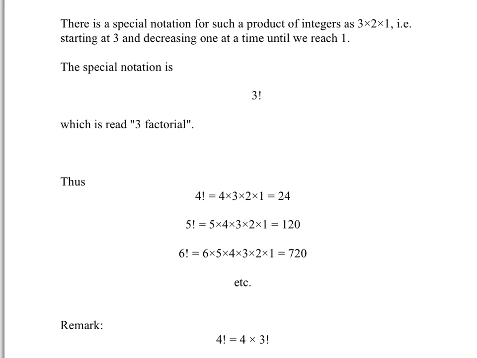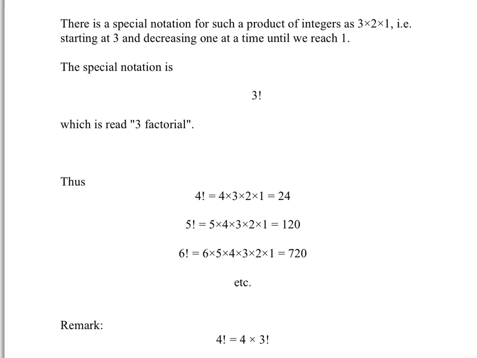Now, there is a special notation for writing such a product of integers as 3 times 2 times 1. In other words, start at 3 and decrease 1 integer at a time until you reach the integer 1. The special notation for 3 times 2 times 1 is 3 followed by an exclamation point, which you might think says 3!